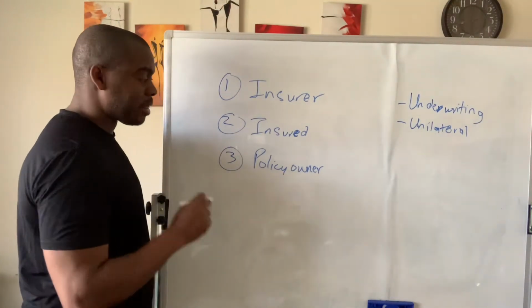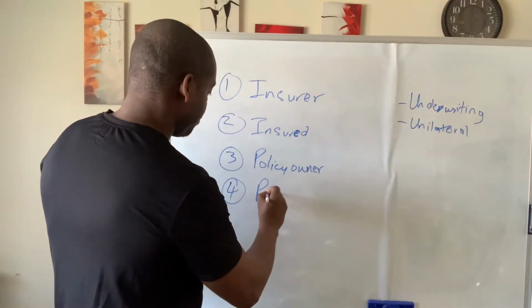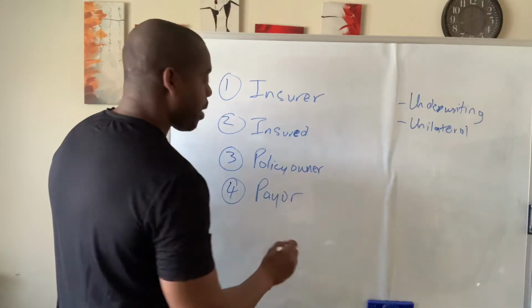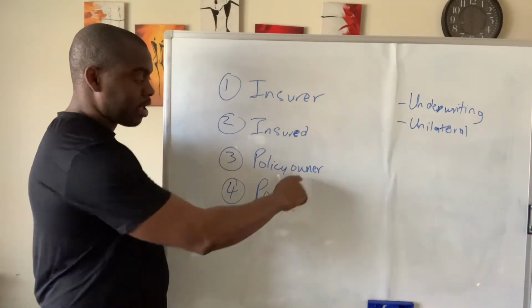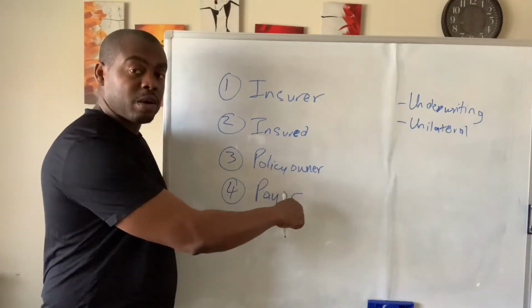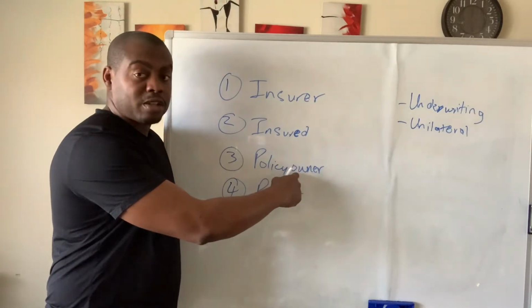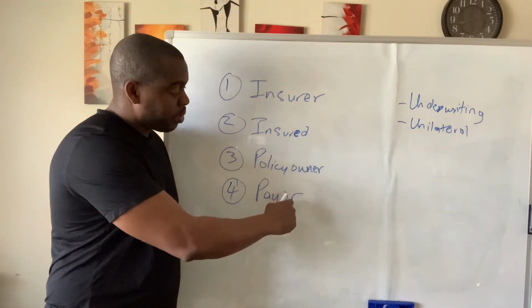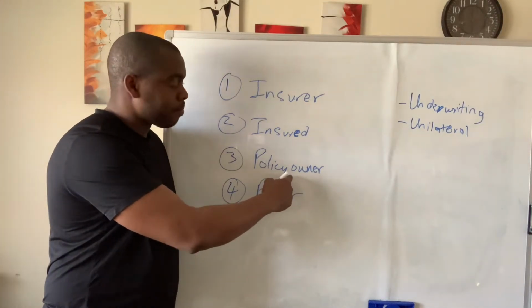All right. The next person is the payer. The payer is simple, the person that's going to pay. Okay, that could be the policy owner, that could be the insured, that could be someone else. For example, your business could be the payer and you could be the policy owner. Or your business could be both the payer and the policy owner. You know what I'm saying?